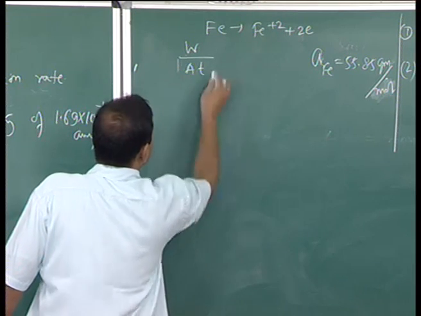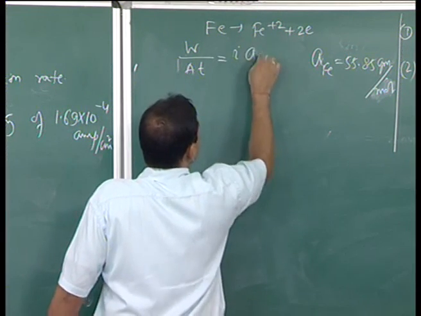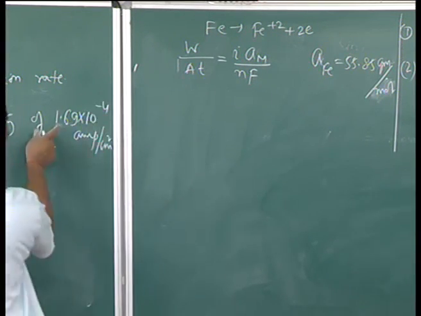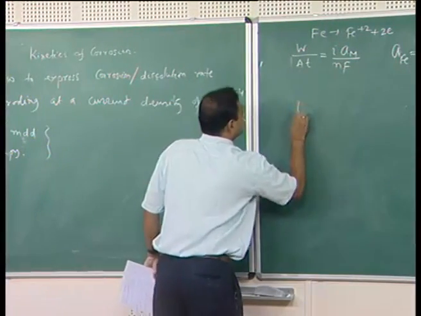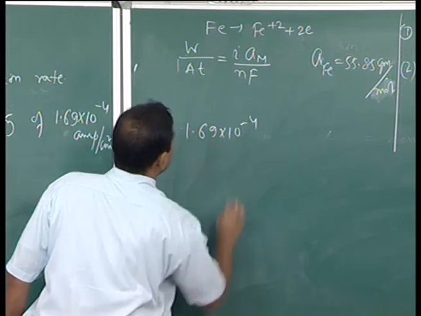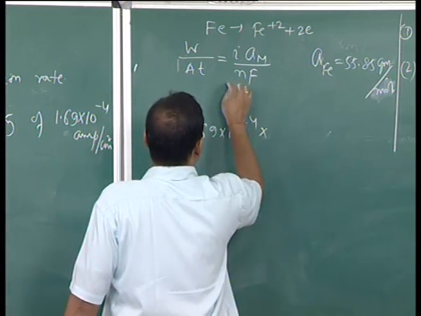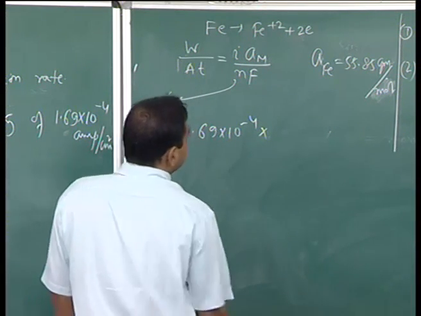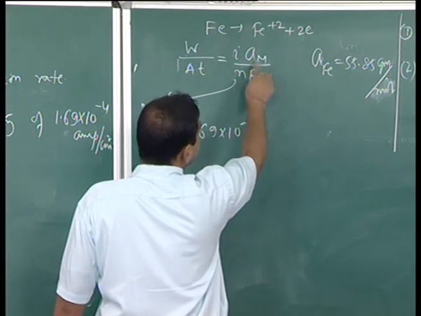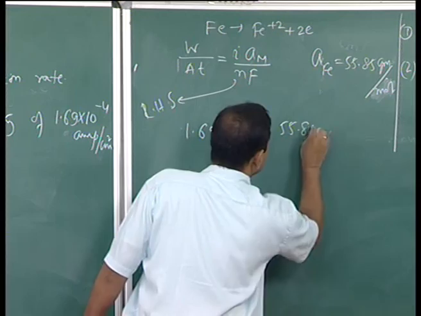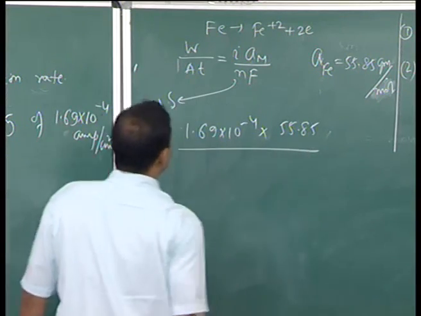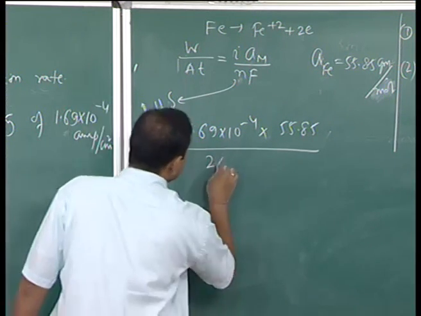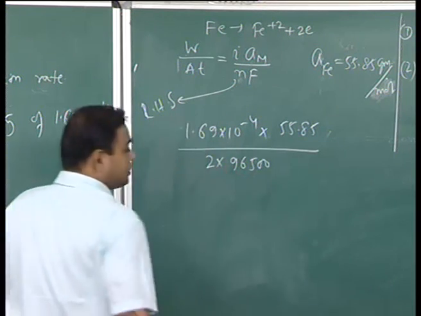So, this is equal to I, AM and F. Here I is 1.69 into 10 to the power minus 4, and this is the right hand side, into AM, which is 55.85, n is 2, F is 96500.